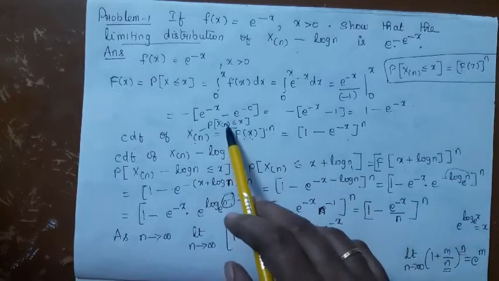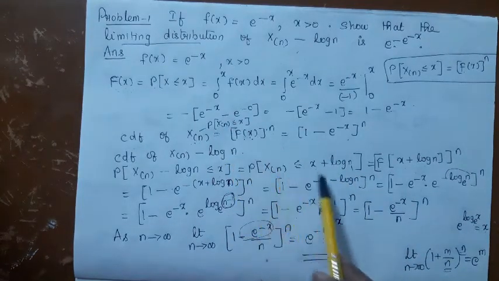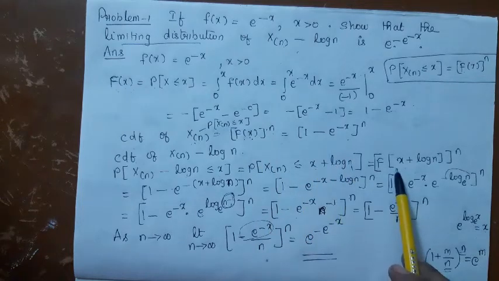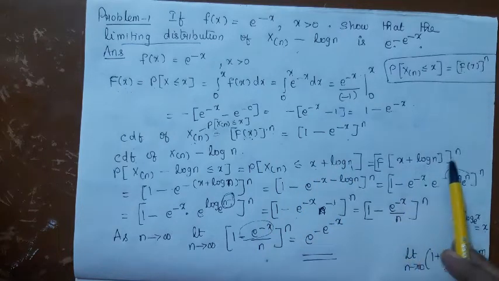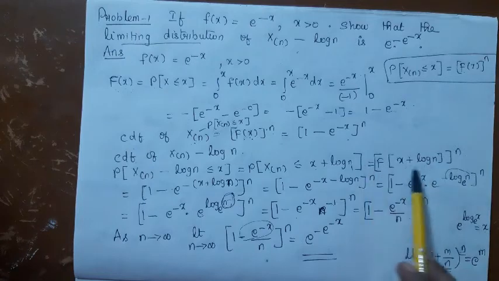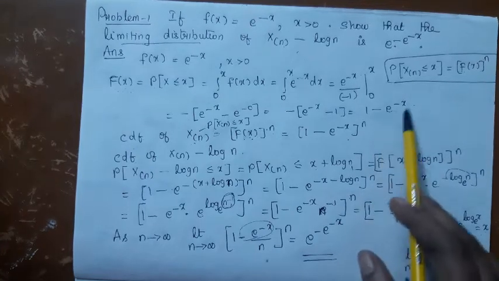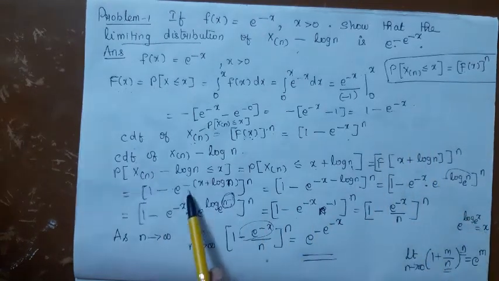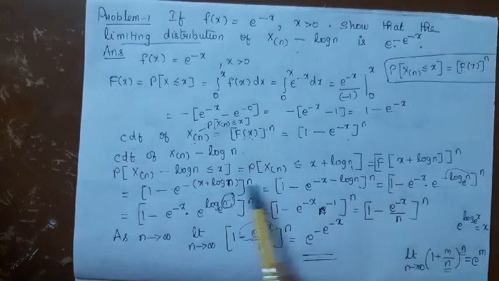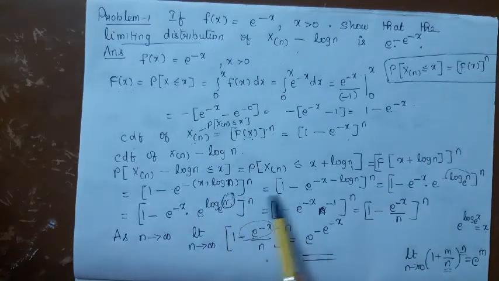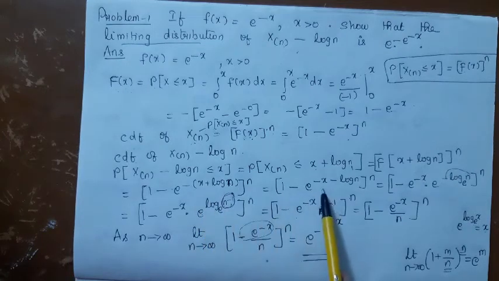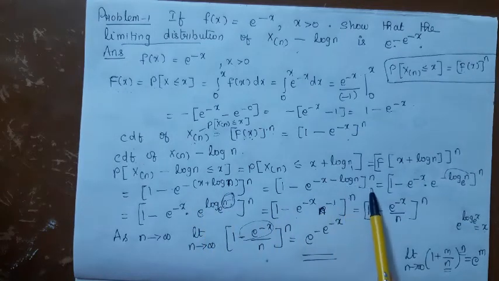So if it is for Xn, it is F of x the whole power n. If it is for x plus log n, it should be F of x plus log n the whole power n. Okay, so what is F of x? 1 minus e power minus x. So 1 minus e power, in the place of x you have x plus log n. You're just bringing the negative sign inside, minus x minus log n the whole power n.